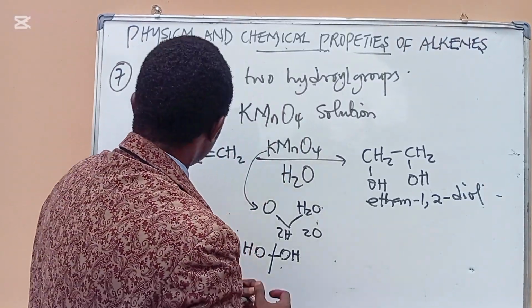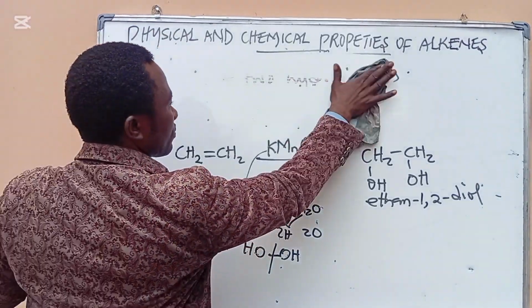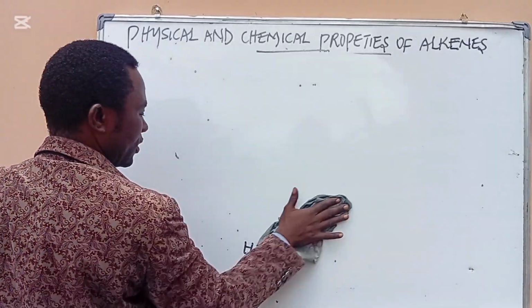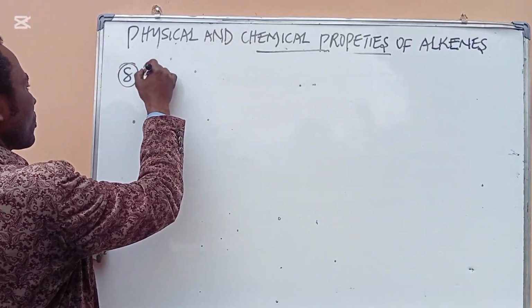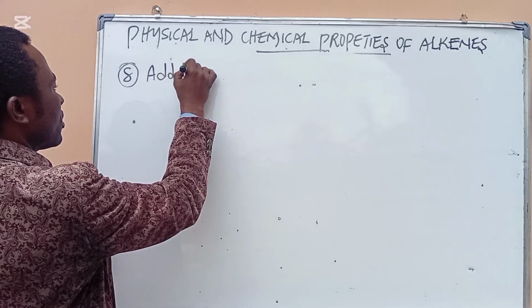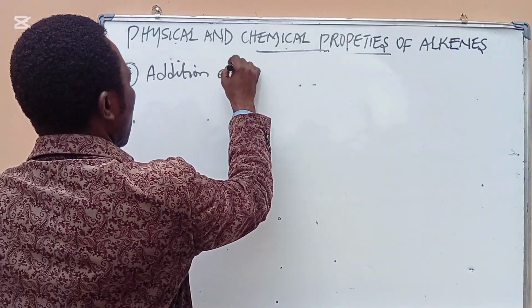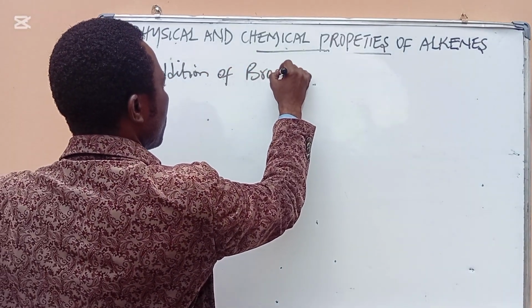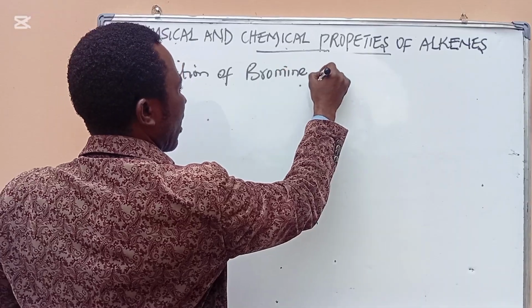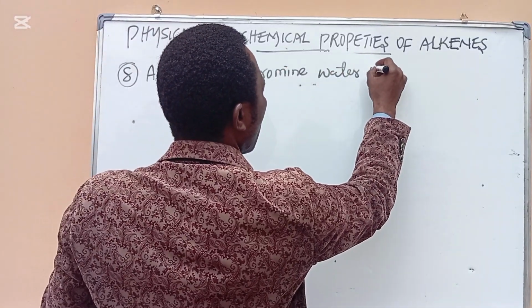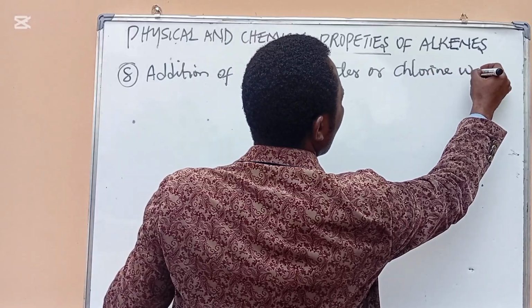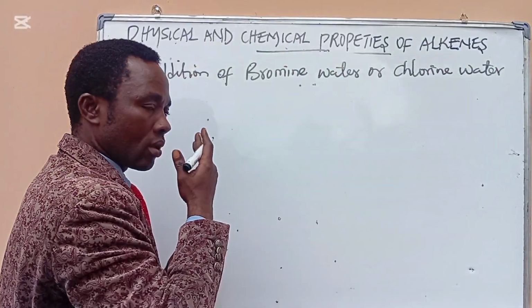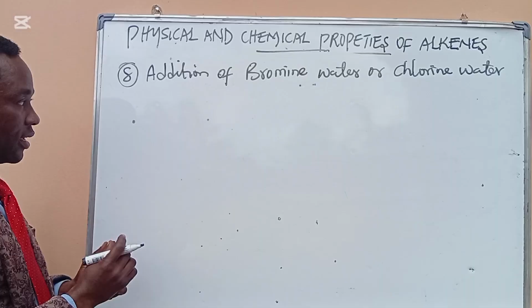Number 8, the 8th reaction of alkenes, is addition of bromine water, or if you like, chlorine water. We can add bromine water or chlorine water to alkenes.